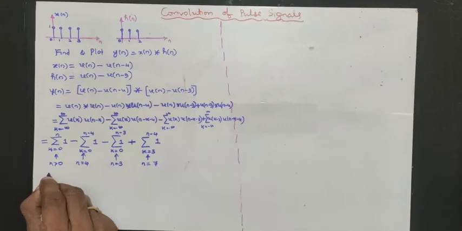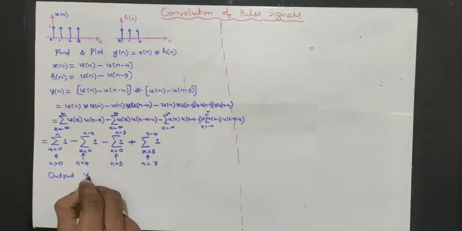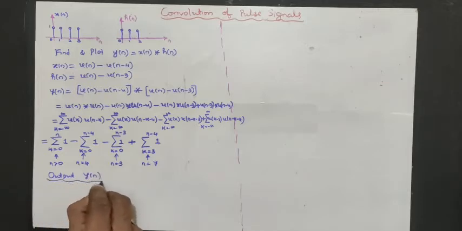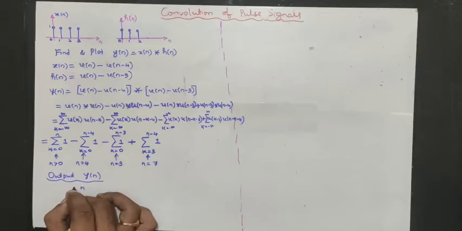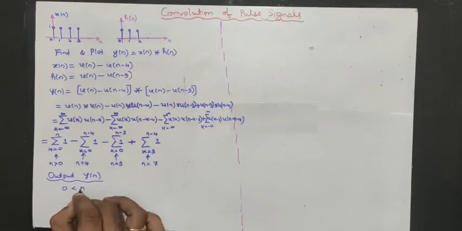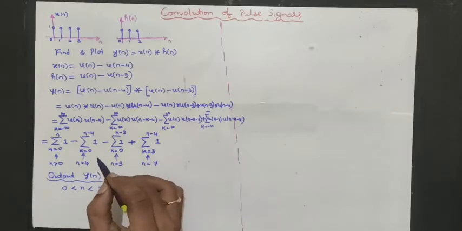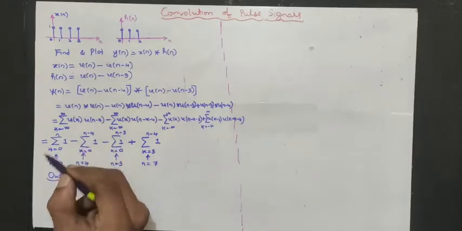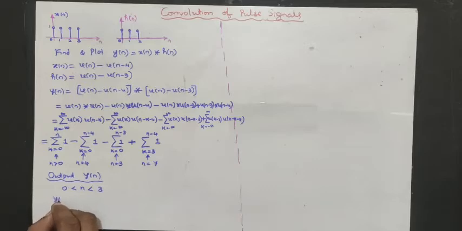Now let me determine the output y(n). There are ranges now. For n greater than 0 and less than 3, only the first term will be there. Hence y(n) becomes the summation from k equal to 0 to n of 1.